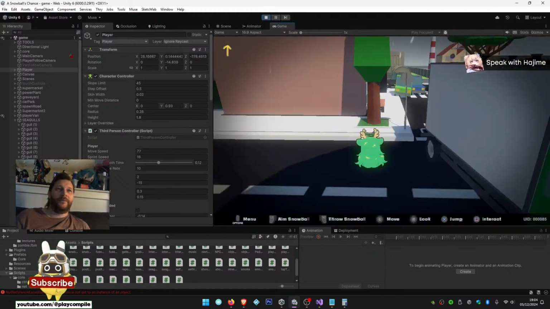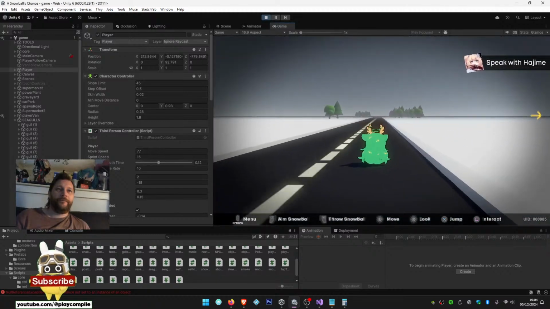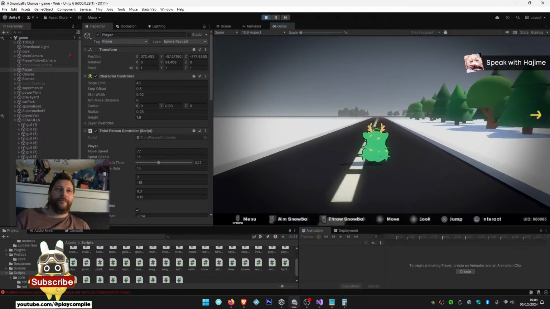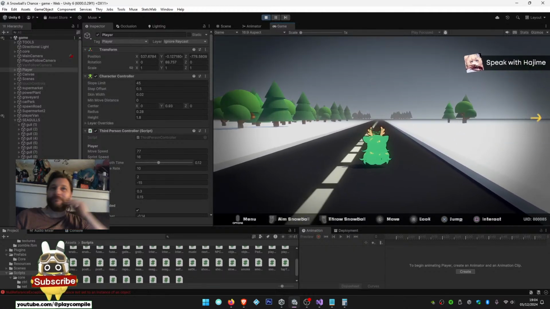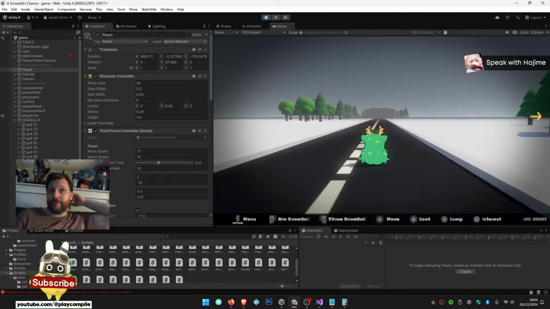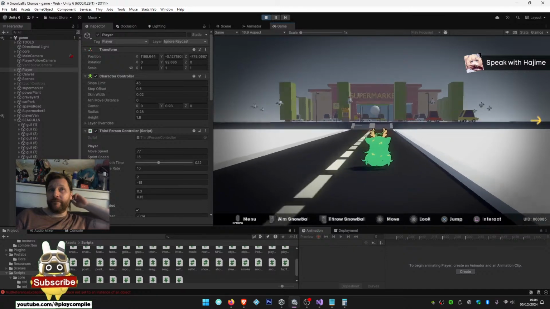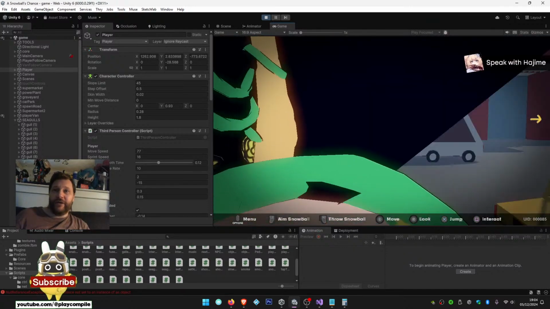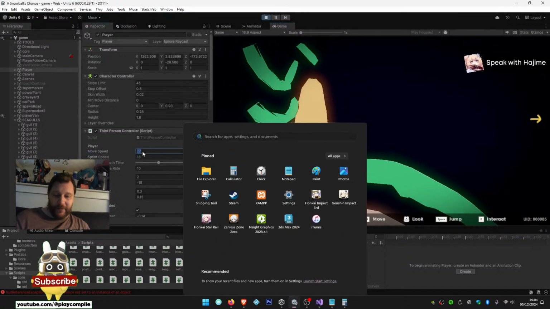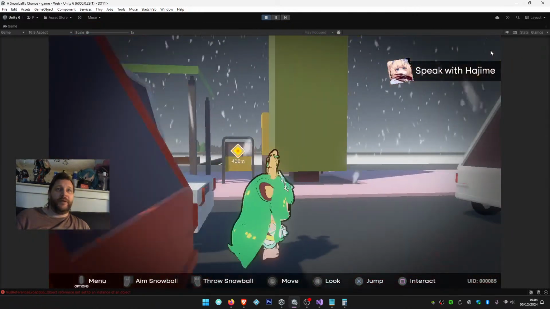Where am I going? Right, they would have already reduced a little bit of their speed just in the time of me getting here, but not by a whole lot.